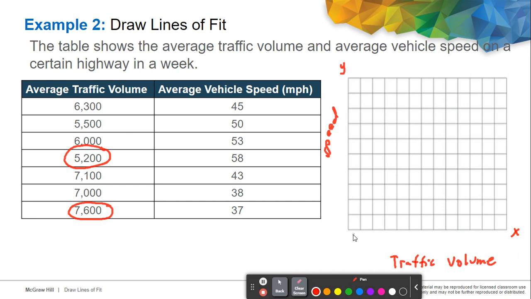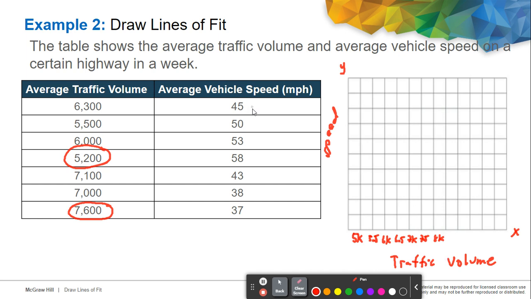So this one is 5,000, so I'll just put 5K. And then this one is 5.5. We have 6K, 6,000. And then 6.5, 7K is 7,000. And then 7.5, and then we have 8,000, 8K. Okay, I think that will be fine already.